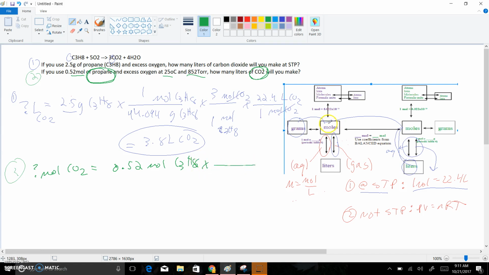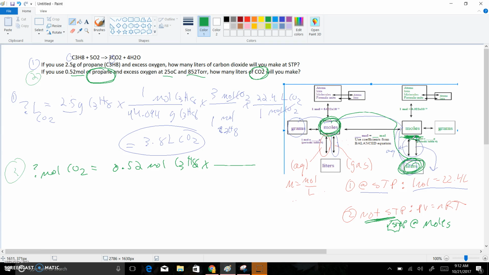What I've got for this problem is I'm starting in propane moles right here. And in the end, I'm going to try to get to liters of CO2. I'm still going to go 1 and then down makes 2. But the problem is that I'm not at STP, which means I have to stop here at the moles. That one's got a stop sign for it. So you have to stop at moles of the substance, and then I can use PV = nRT.